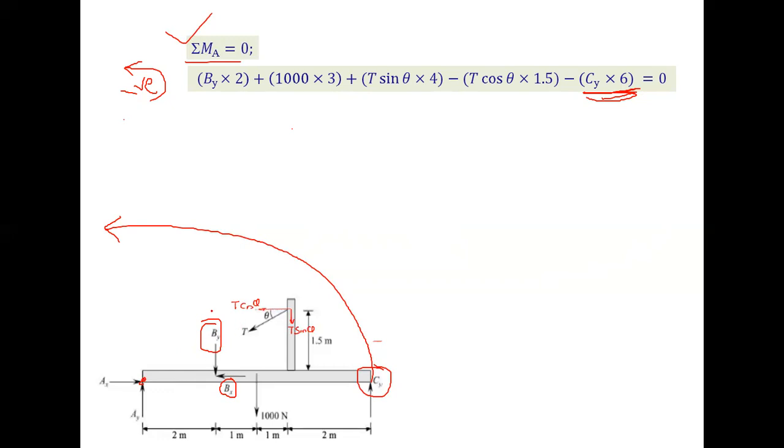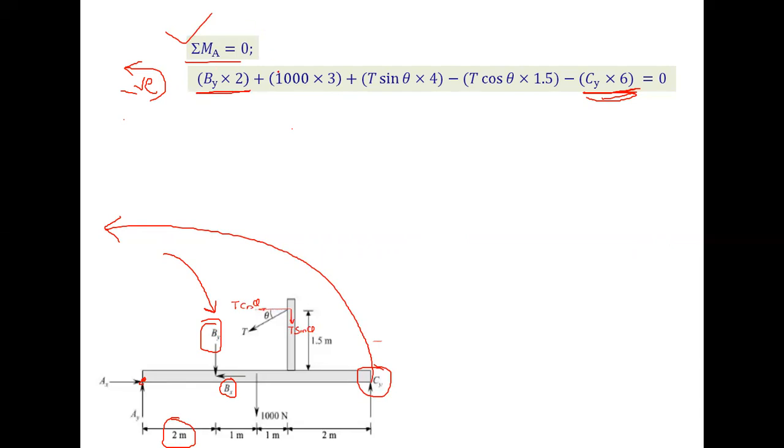But this By is acting at a perpendicular distance 2 meter. Okay. So you will get some moment from this force, and it is producing a clockwise moment, right? So because you are considering anti-clockwise as negative, so clockwise will be positive. So you will get By into 2 amount of moment.